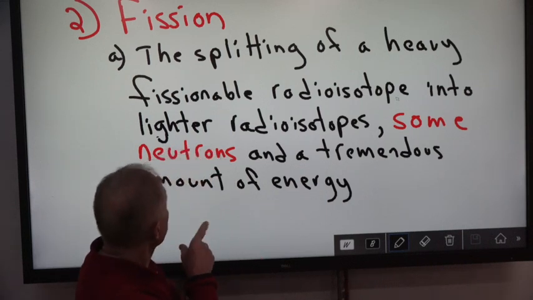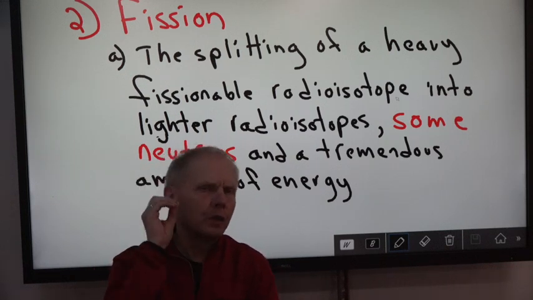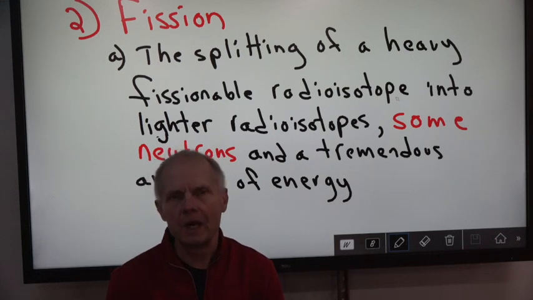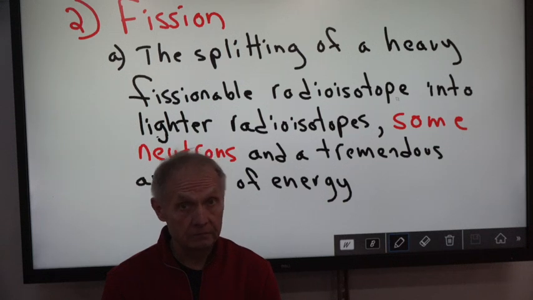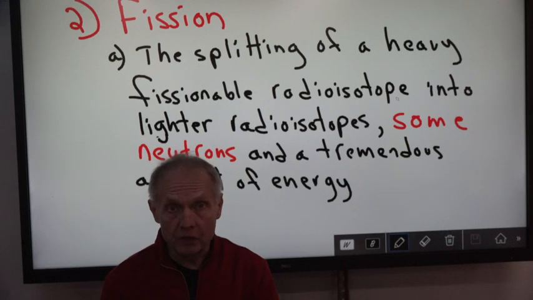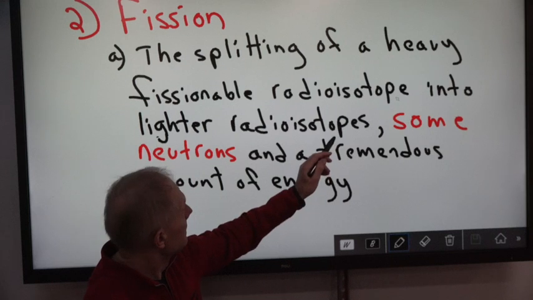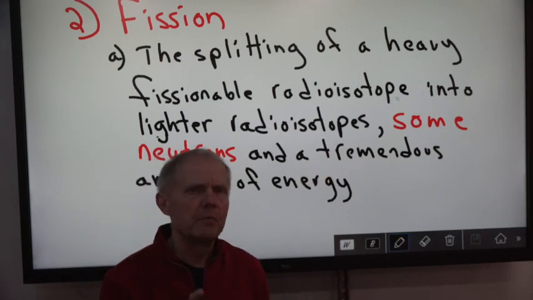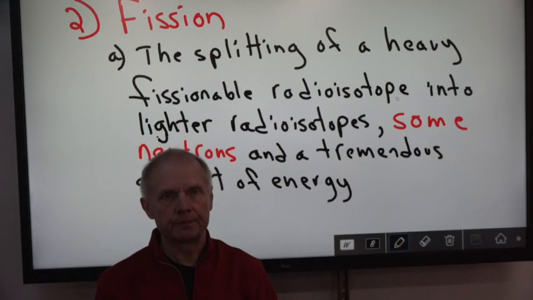Well, a fissionable radioisotope means one that when you hit this radioisotope with a neutron that has to be moving slowly, it will split the radioisotope into pieces, like it says here, give off a lot of energy, but most importantly, it'll spit out a few neutrons.